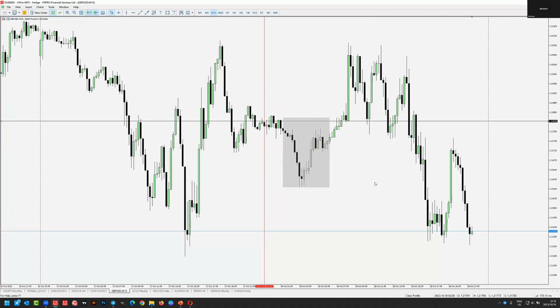On the 15-minute time frame, you see price from here, that's the rally above the opening price. The opening price is right here. That's the rally above the opening price and above the Asian range high. Asian range high is coming in right there.